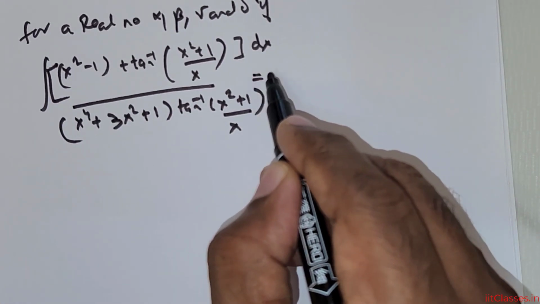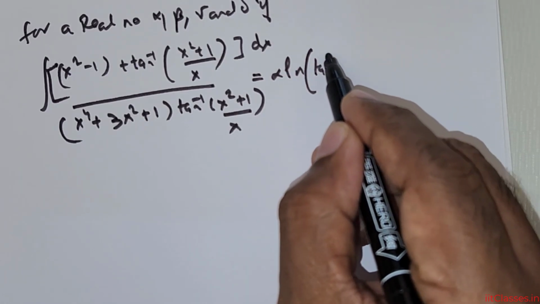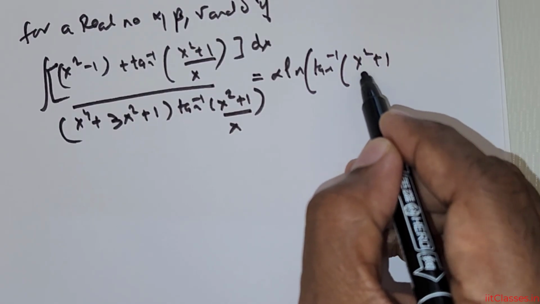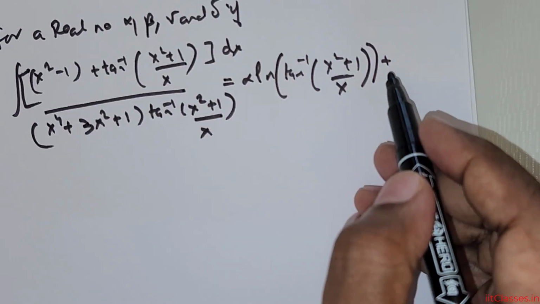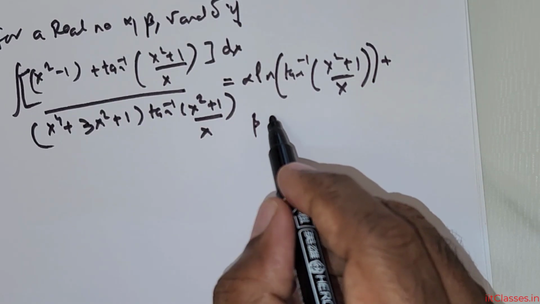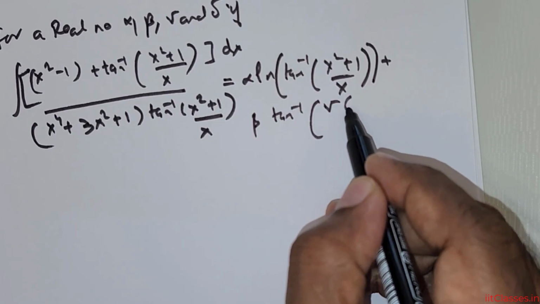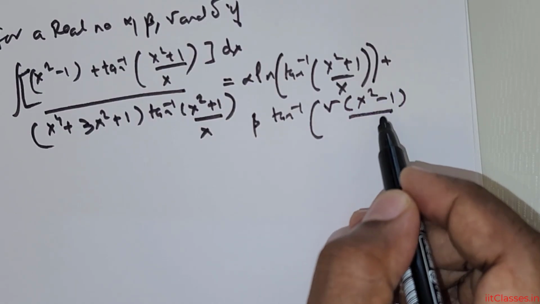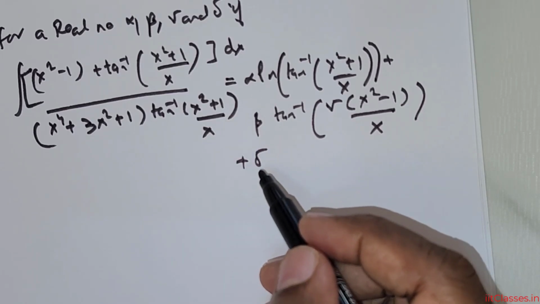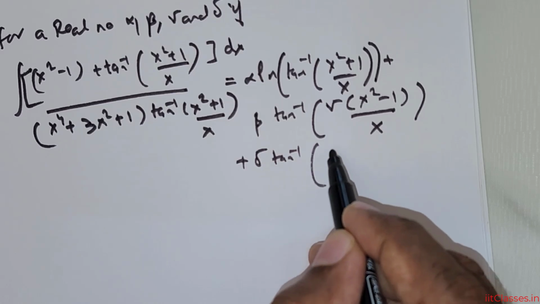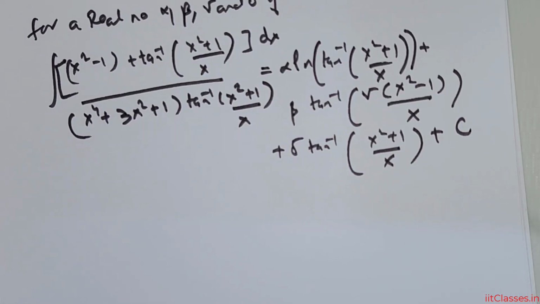is equal to alpha times ln of tan inverse of (x squared plus 1)/x, plus beta times tan inverse of gamma times (x squared minus 1)/x, plus delta times tan inverse of (x squared plus 1)/x, plus arbitrary constant c.